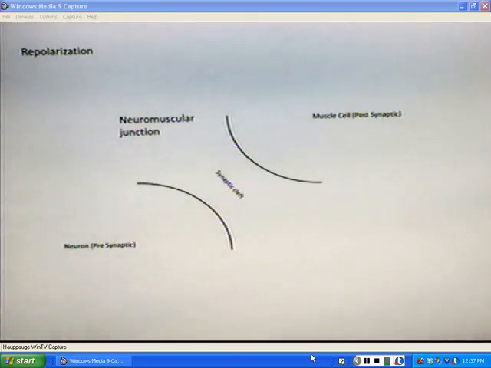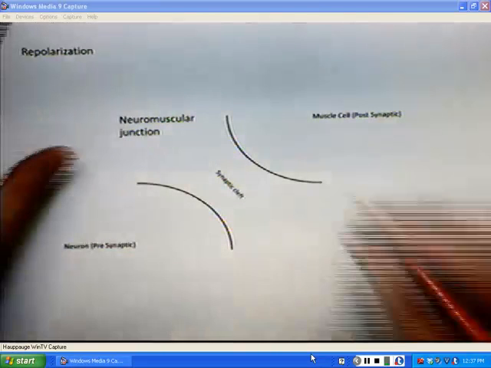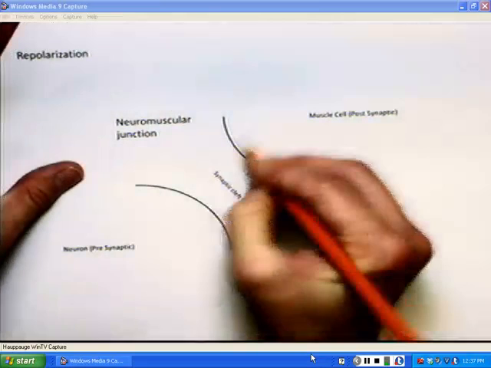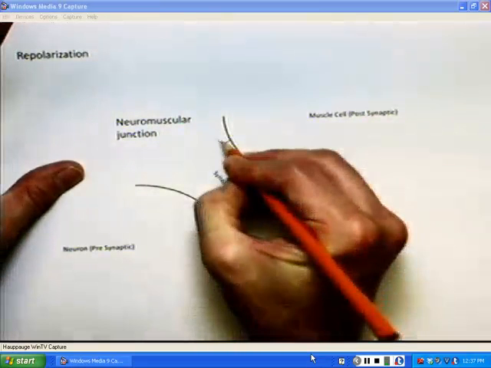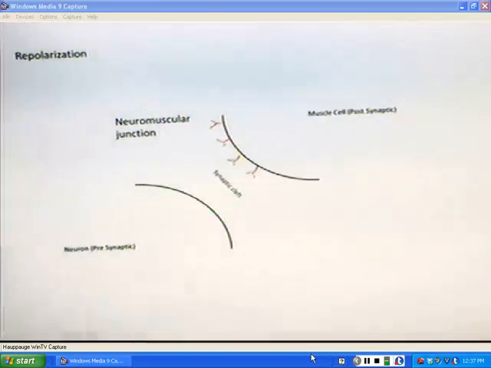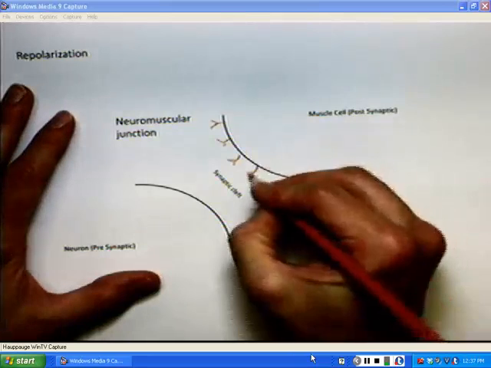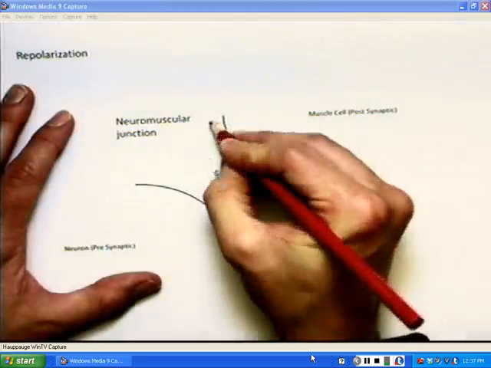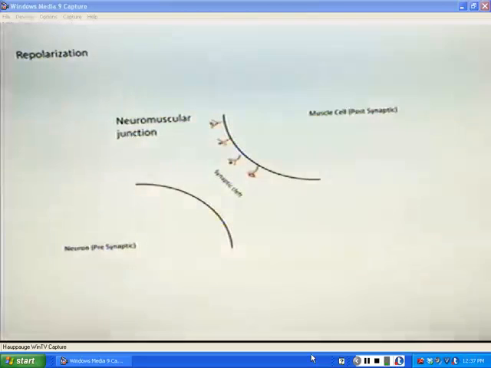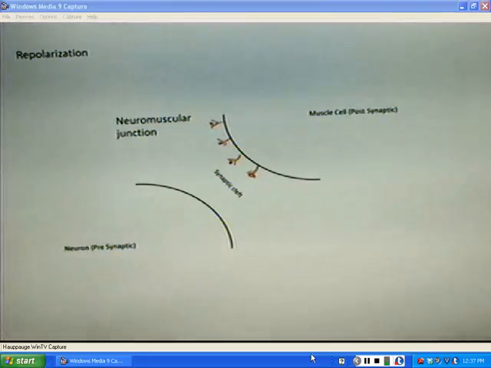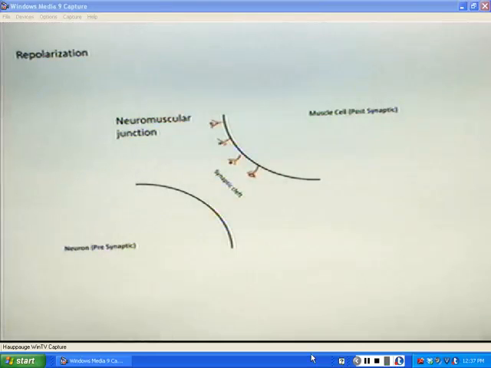The sodium channels have closed, and we've got to remember what's going on here. We already know two interesting things have happened. We know that the nicotinic acetylcholine receptors have been bound. Now we want to close down, and you really can't do this with acetylcholine bound.